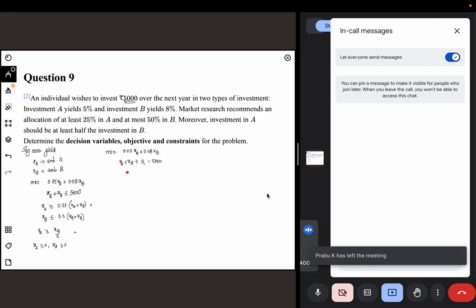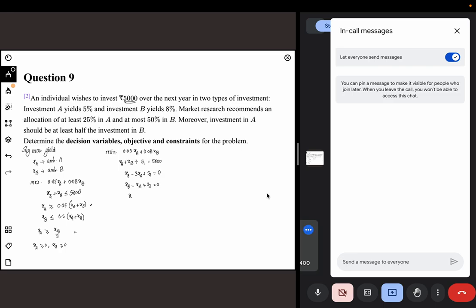So if I take it on the other side, XP minus 3XA plus S2 equals 0. And then I have XP minus XA equal to 0. And then I have XP minus 2XA equal to 0.